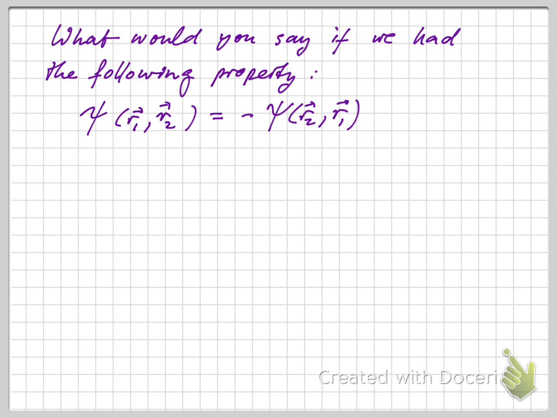Okay, so just imagine if when you swap the two locations of the particles, then a minus sign came in. What would happen then? So it's a hypothetical question. Would that be a problem for us if it didn't actually happen that way earlier, right? We didn't get the minus sign, but let's just say that we had gotten a minus sign. Would that have posed a problem for us?